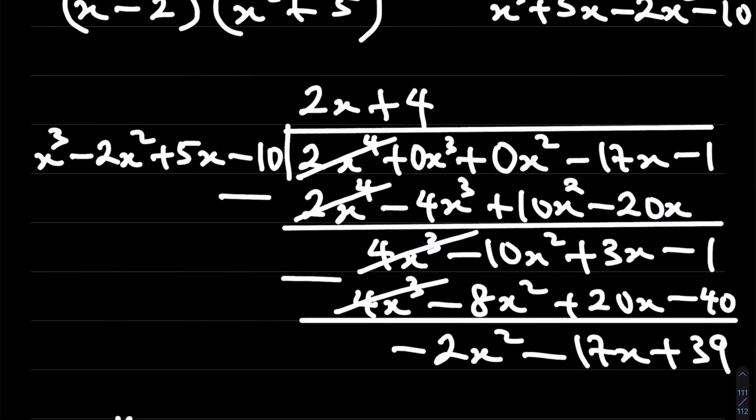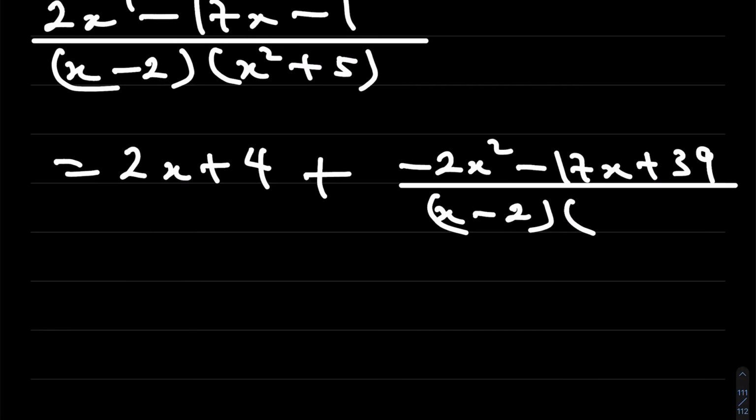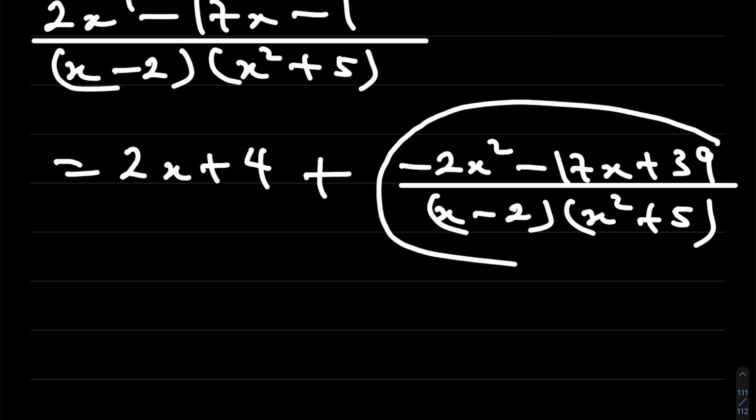That was what we expanded to get this. So that's x minus 2 times x squared plus 5. Now, this is what we are going to resolve into partial fractions. Just this fraction, because this is a proper fraction.